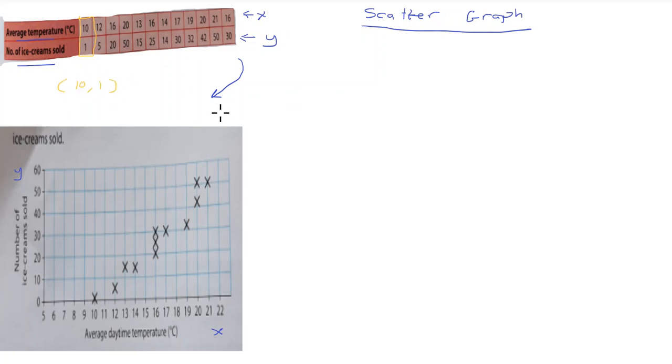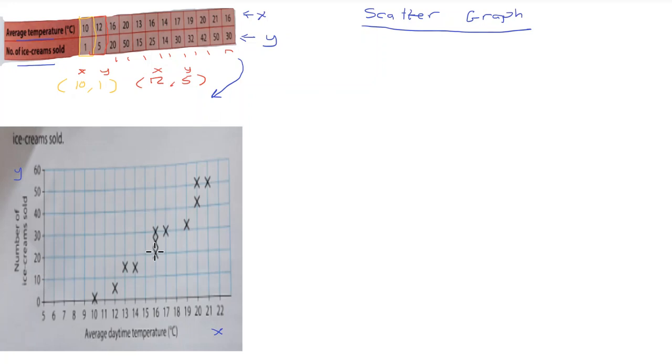This second pair of data would be the point 12, 5, and so on. You can do the whole lot for each pair of data and have an x and y. So you're going to have your x value and then your y value.